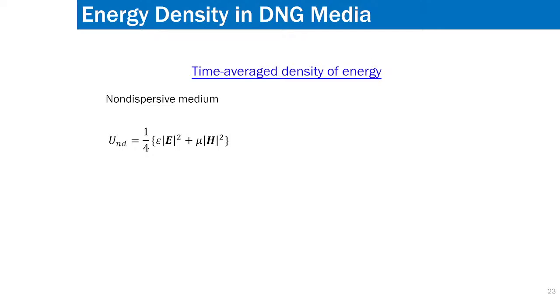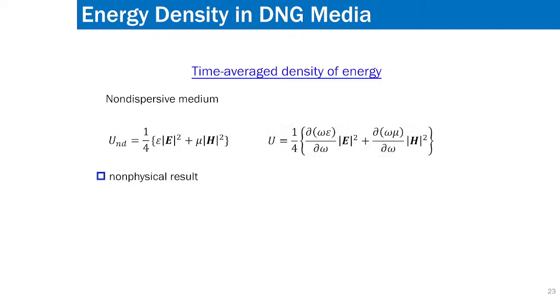So energy conservation is being violated. This violates the causality condition because without any cause there is energy generation. This was the objection for mu and epsilon negative in the non-dispersive medium. The energy density will be negative. This is a non-physical result.